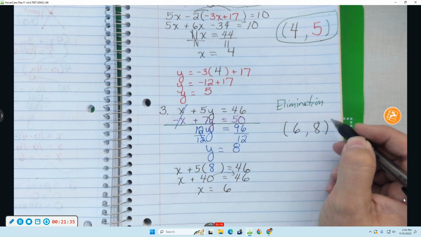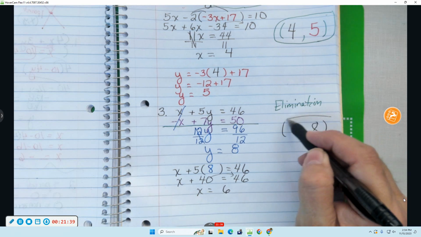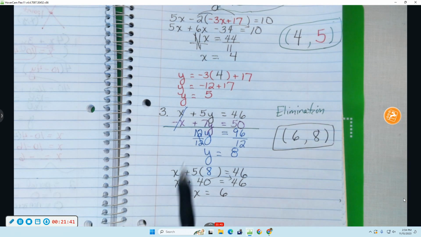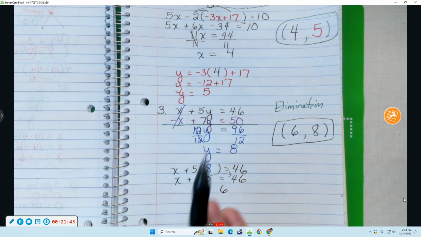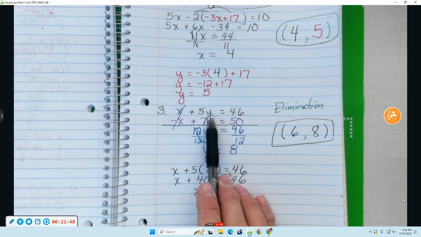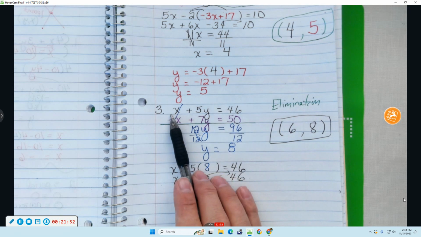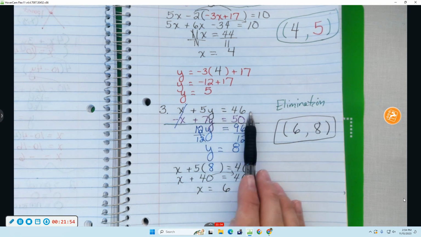You know what? We haven't even mentioned that there's a way you can check your answer and see if it's right. Plug it into one of the equations. Plug in the 6 for x and the 8 for y, and see, do you get a 46? Oh yeah, we'd have 6 plus 40. Okay.